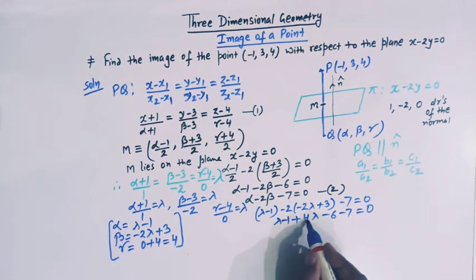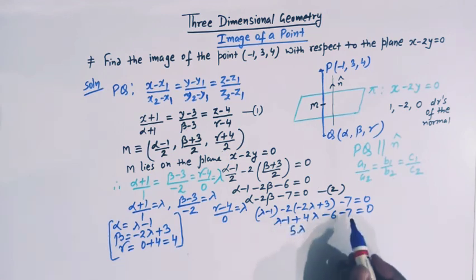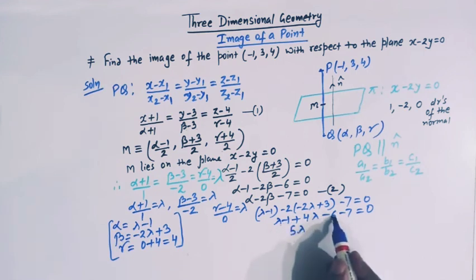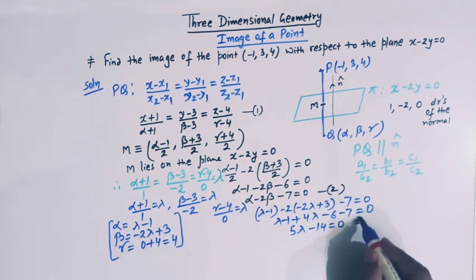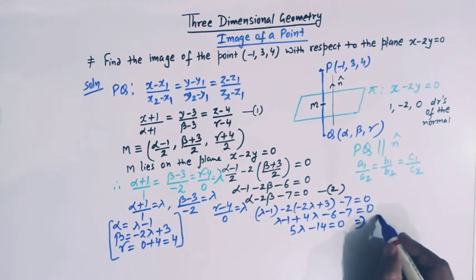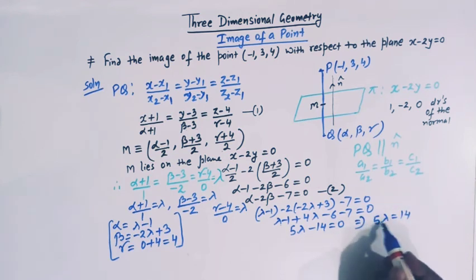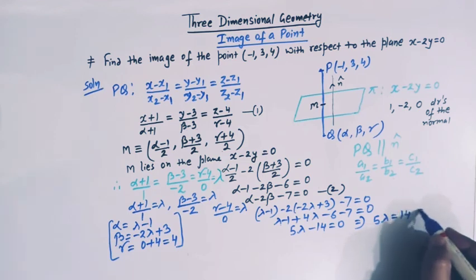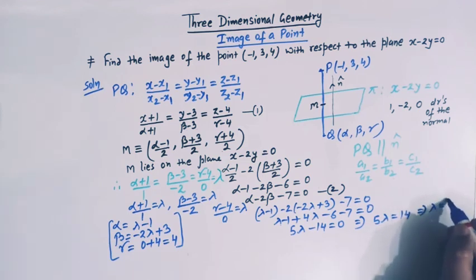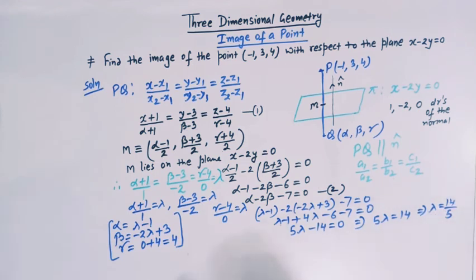So this is 4 lambda plus lambda is 5 lambda, and here we have minus 14, that is equal to 0. So we have 5 lambda is equal to 14. So we have lambda is equal to 14 over 5, right?